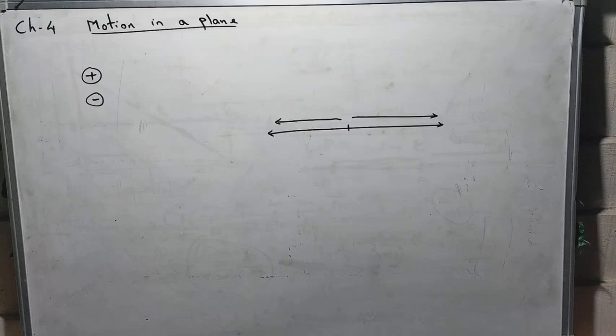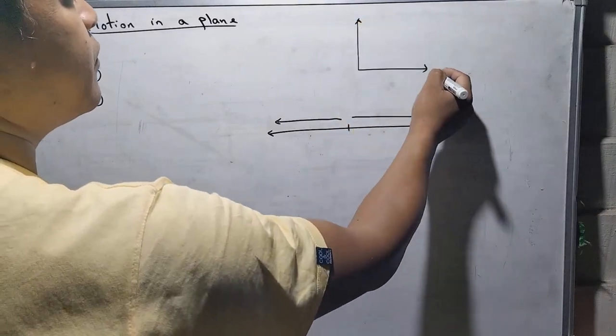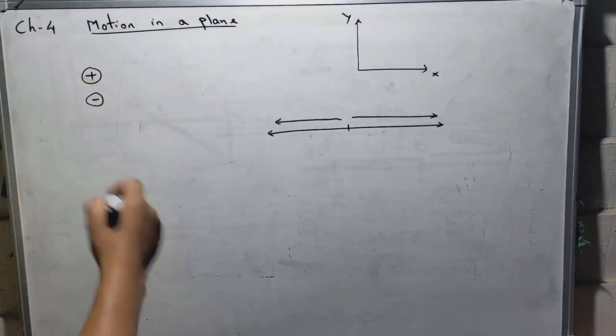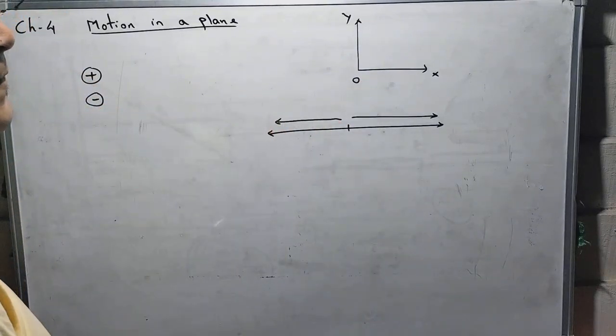but when the body moves in a plane, or in a two-dimensional plane, let's say, where we have two coordinate axes, x and y, then there are many possible directions of motion of a body.